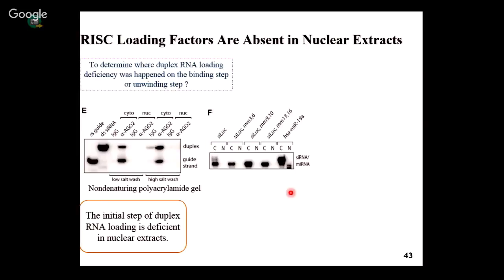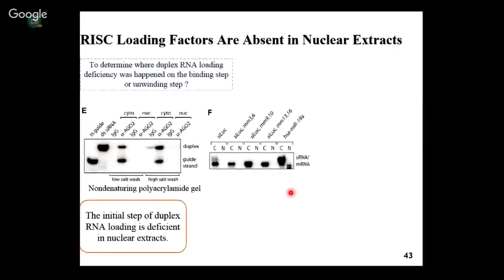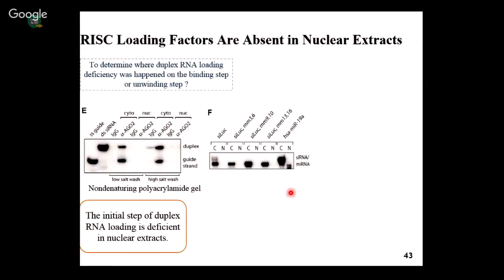Sorry, I forgot there's a speaker by the seat. So I was asking that the nuclear processing, the RISC loading for the human miR-19A looks like the size is different compared to the cytoplasmic RISC loading result.